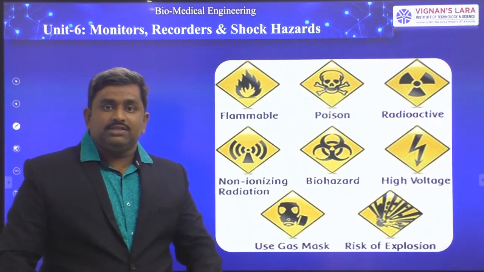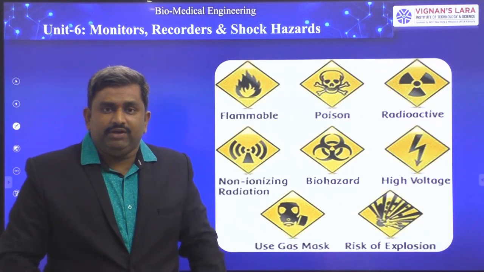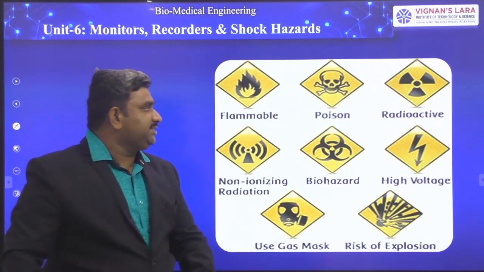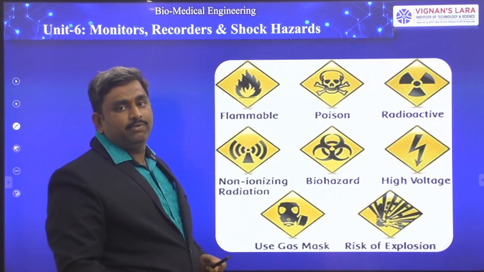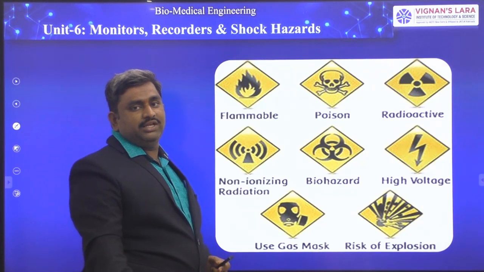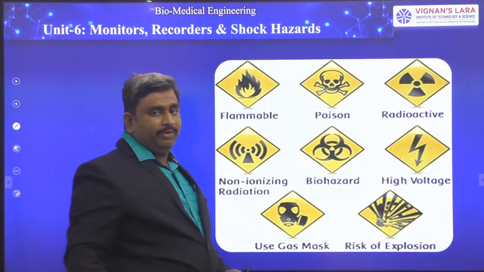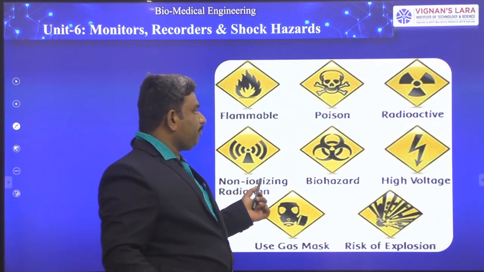And these are some of the symbols that hospitals and industries generally display for protecting ourselves. Coming to the first one, this symbol represents flammable materials. If you go into this area, there may be flammable equipment available, and you may face flammable problems.